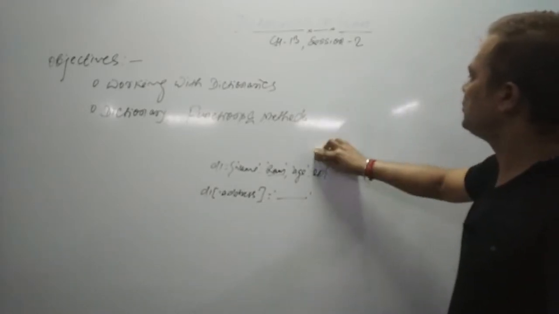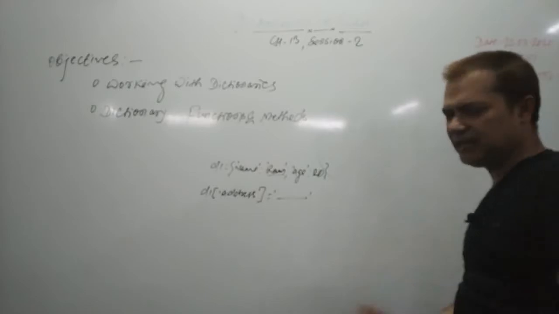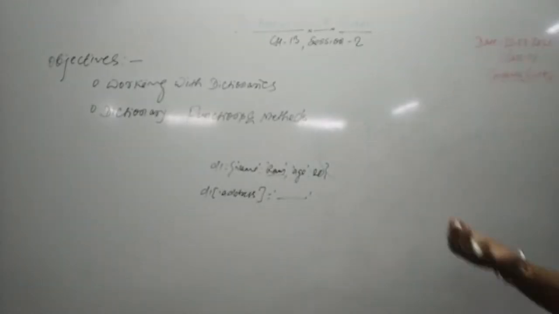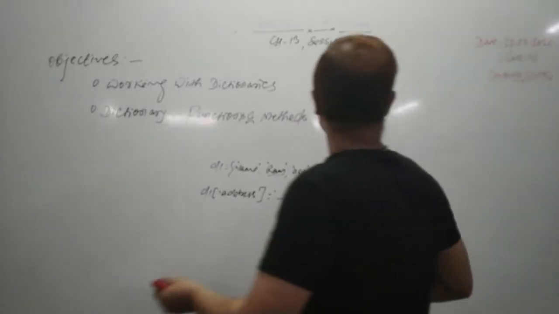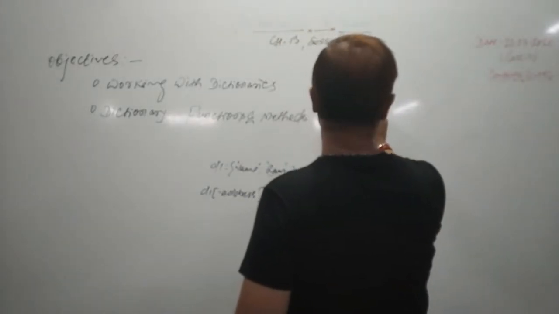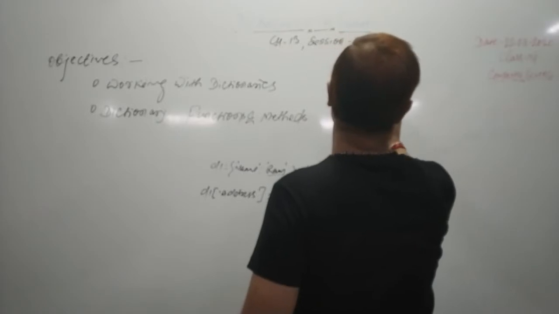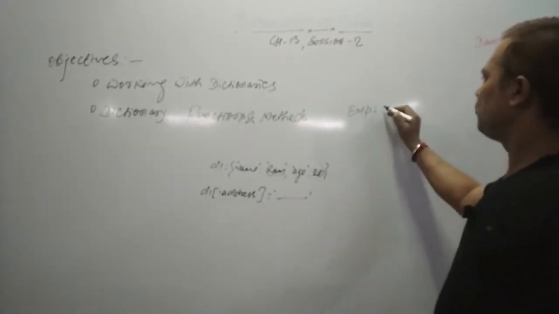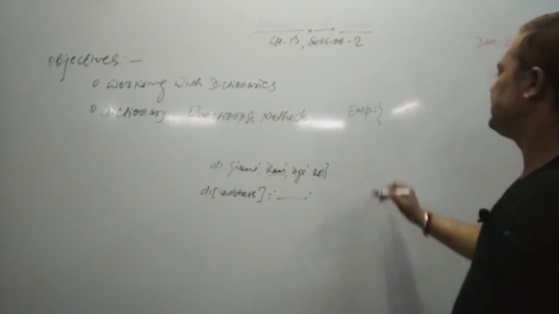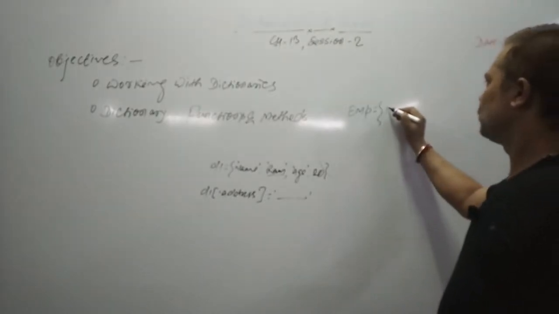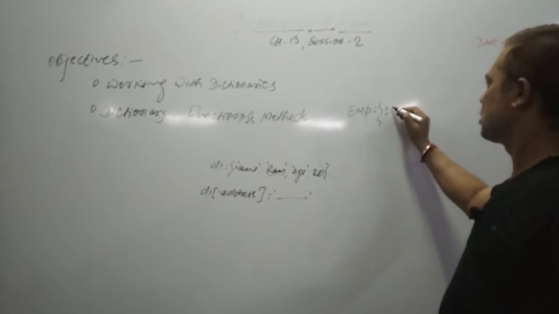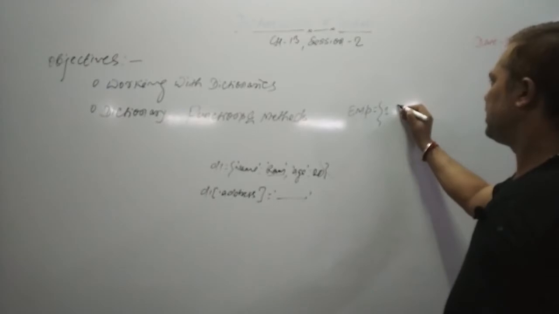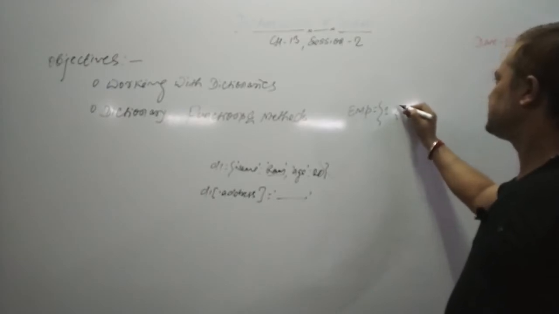Now there may be a situation where we want to create a dictionary to store different things about a particular person, and there are many persons. For example, I have a dictionary called, suppose, EMP. Now EMP is my dictionary, and in this dictionary I want to store data like, suppose, 1 colon. Inside this I have different values, which is itself a dictionary.